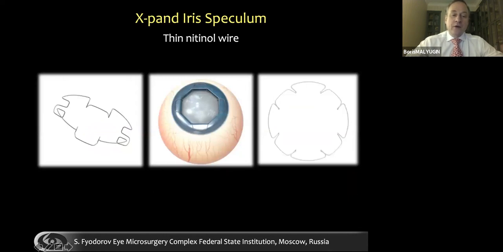Nitinol wire, which is a thin metal wire, can also be used for that purpose, and is shown here.